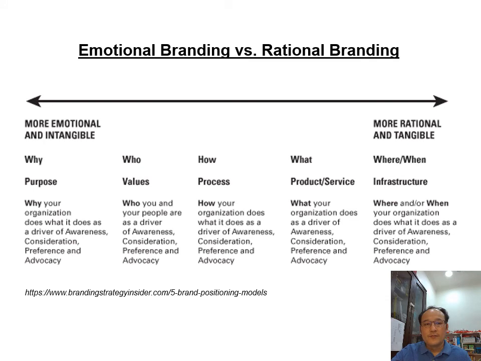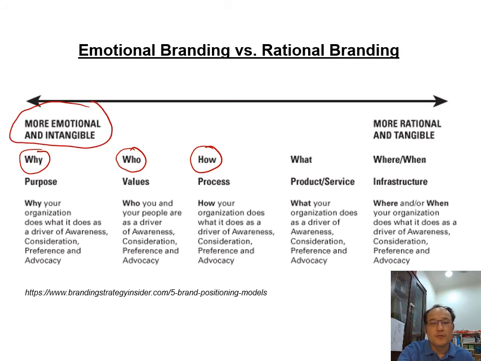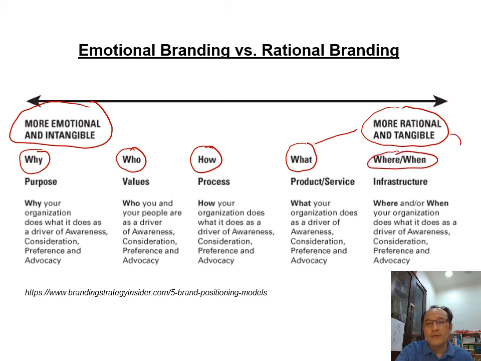Okay, so when you look at this, it is more emotional when you ask questions like why, who, and how. So this is emotional. When we talk about rational, it means I would like to help you. What happened to you? Where and when? If you're facing any problem, why?